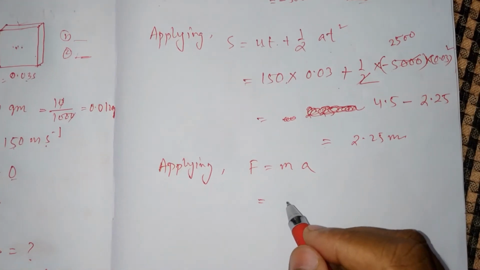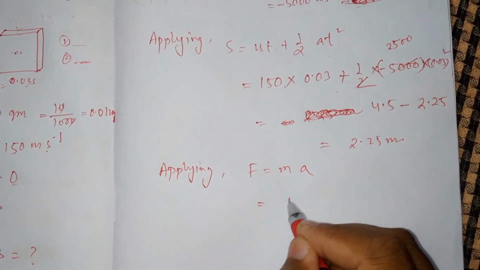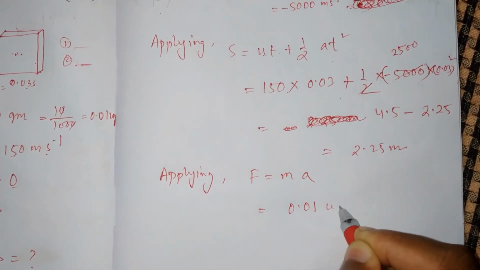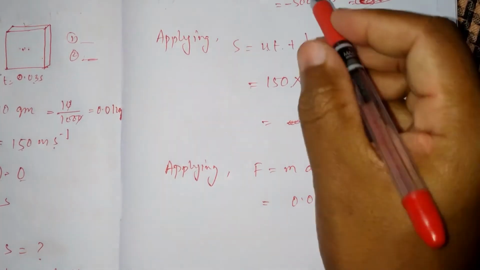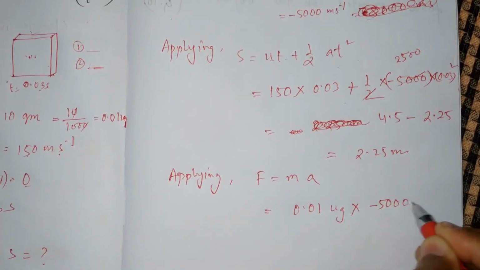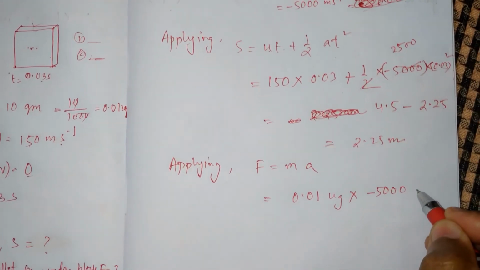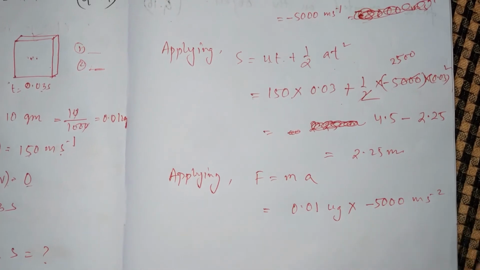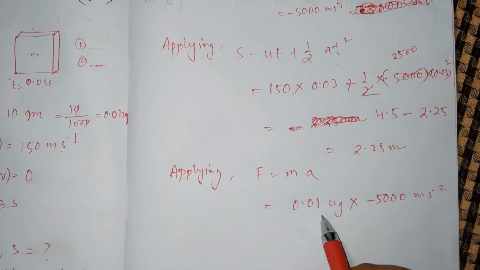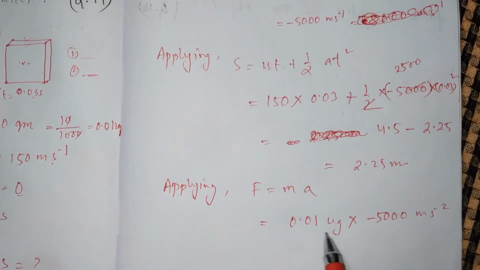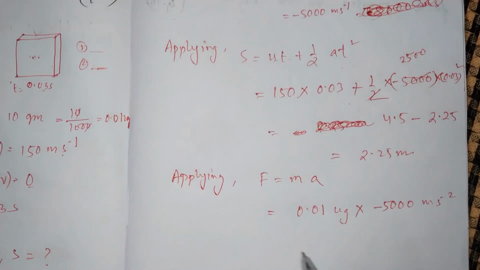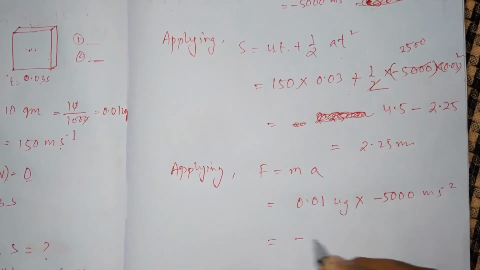The mass of the bullet is 0.01 kg, and the acceleration we have just found is minus 5000 meter per second square. After multiplying, what will we get? We will get minus 50 Newton.